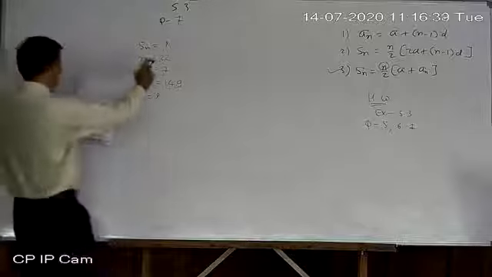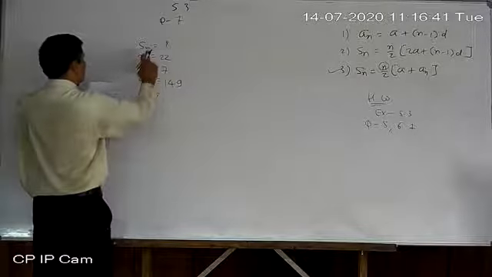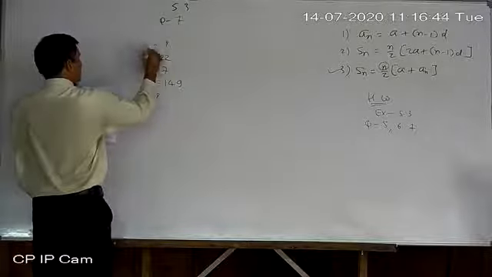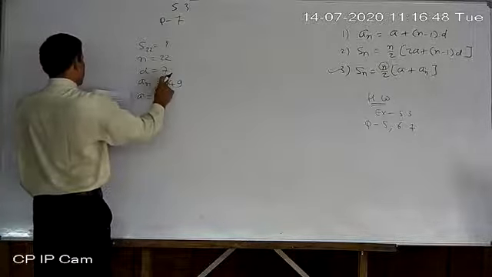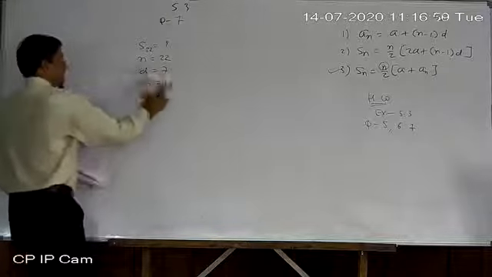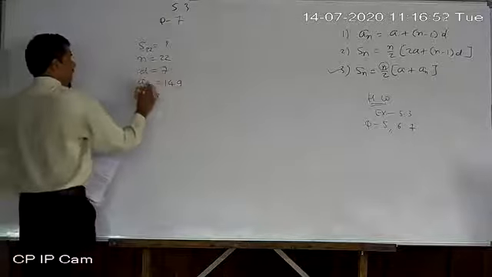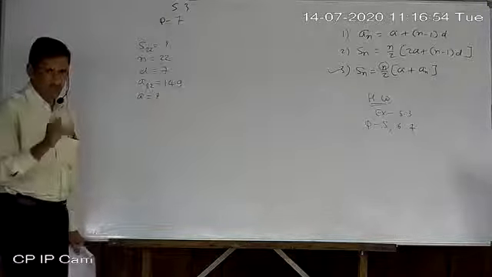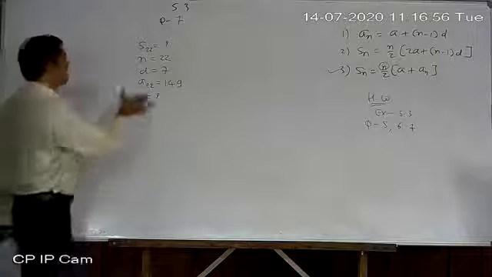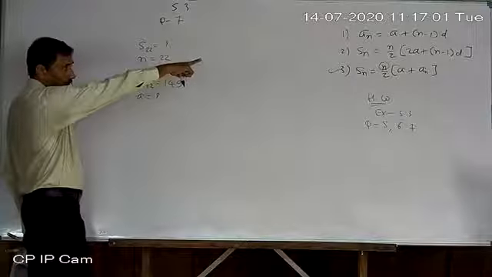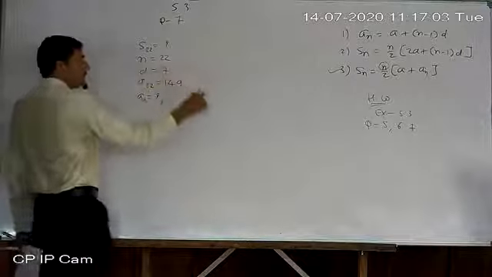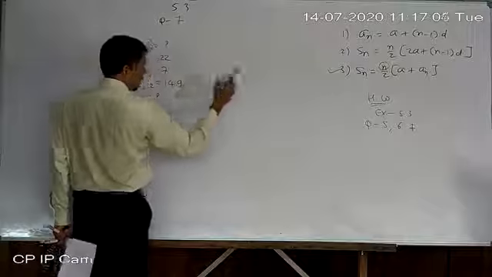Again, look symbolically. Find the sum of first 22 terms, means S22 or Sn is asked. N is 22, D is given as 7, and the 22nd, means last term, is given as 149, means A22. Anyway, that is given. So for finding A, you have to take help of formula number 1.